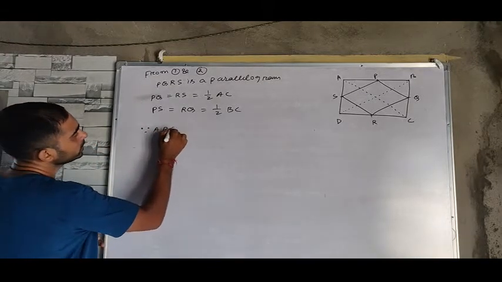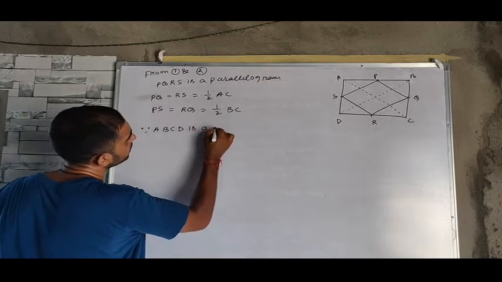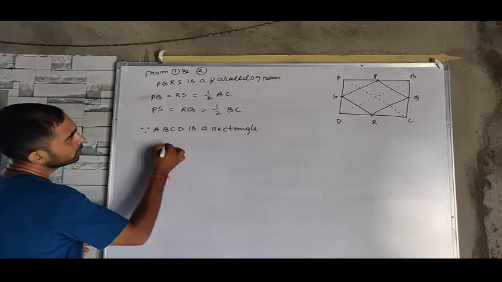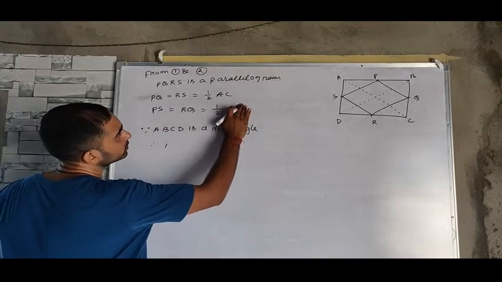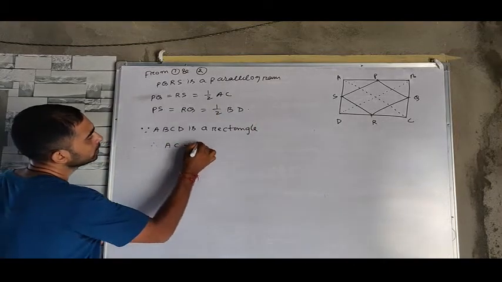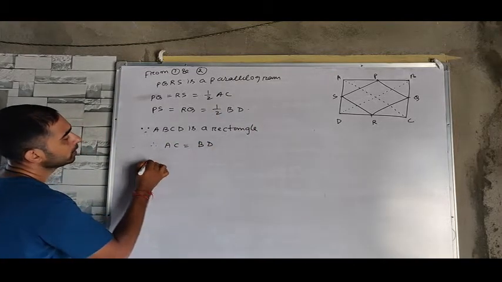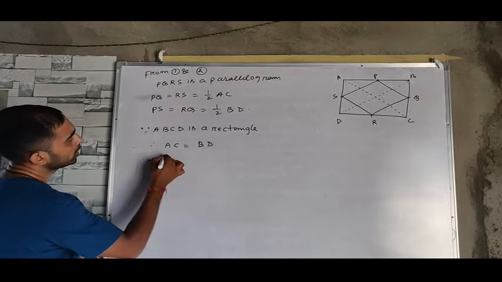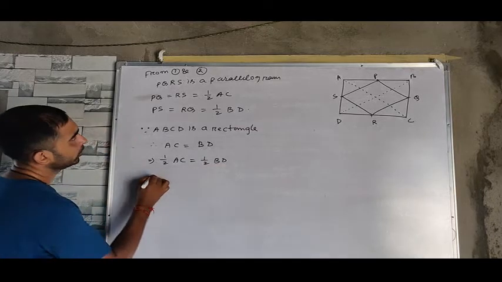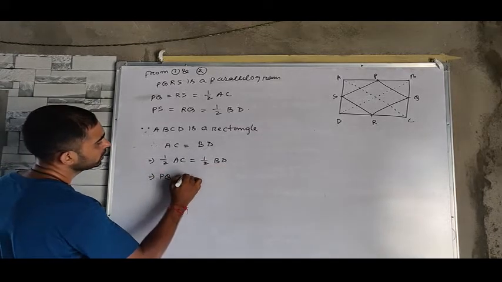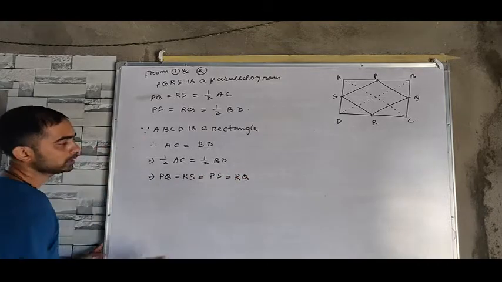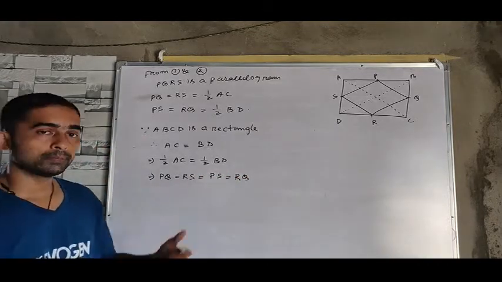Since ABCD is a rectangle, AC equals BD, so half AC equals half BD. So PQ equals RS equals PS equals RQ. All the sides are equal, so it may be a square or it may be a rhombus.